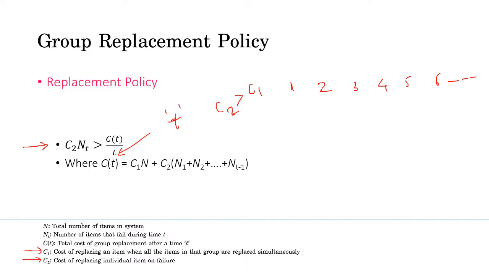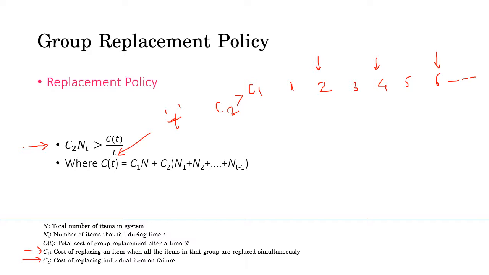According to the replacement policy, the company replaces all items whether they have failed or not every 2 weeks, plus if any individual component fails during this period, that component will be replaced individually at a cost of C2 per unit.